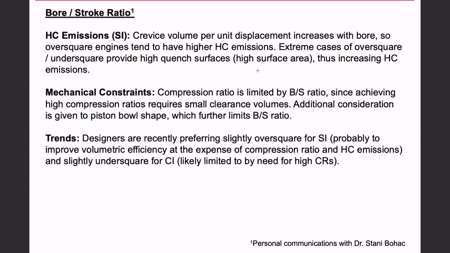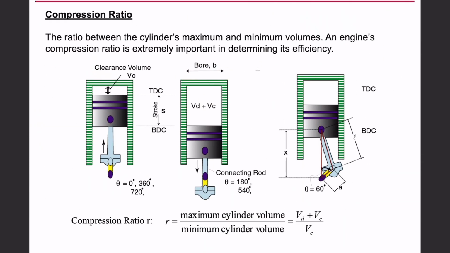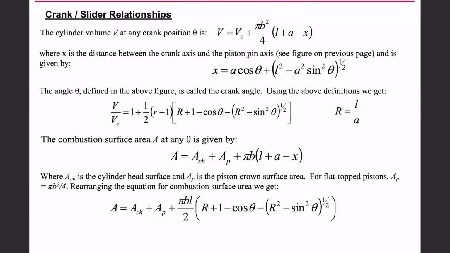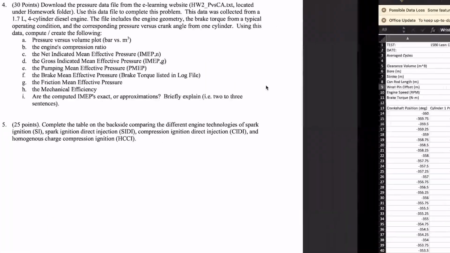So again, going back to that little diagram that we were just looking at, you can see that theta is defined here as the angle between the vertical line and the crankshaft position at any given moment in time, okay? And so that's theta. And so you can basically use theta from your Excel spreadsheet, right?